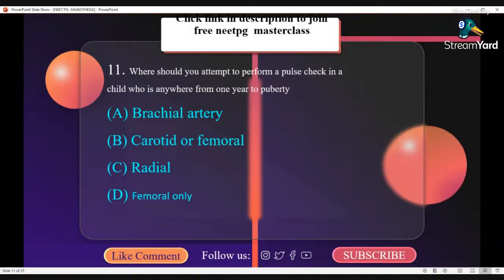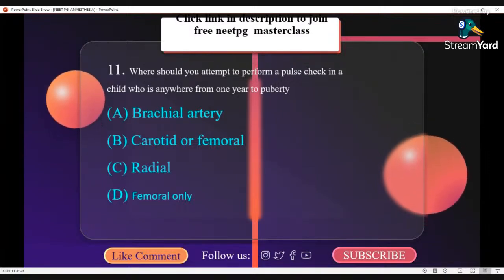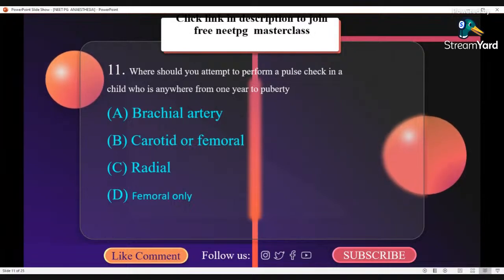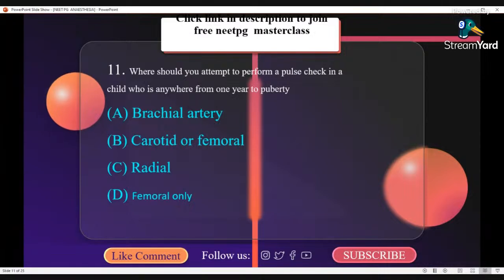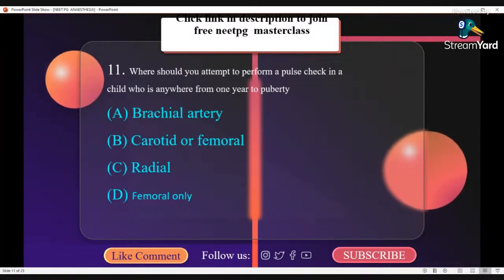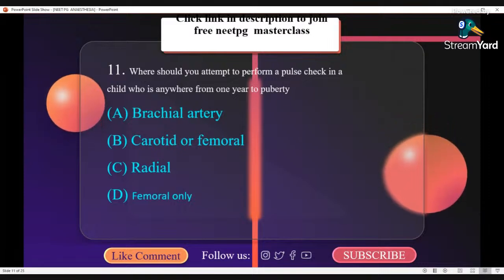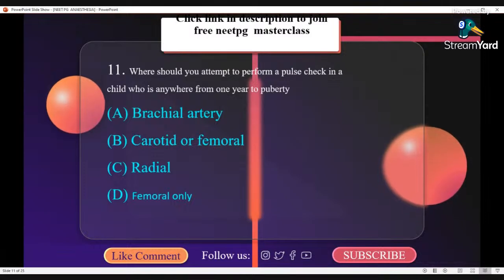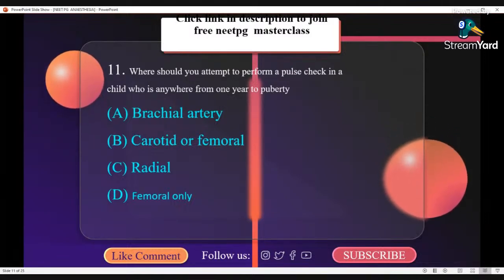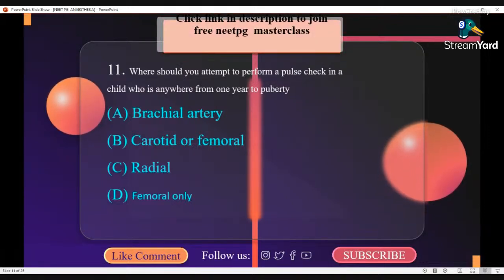Whereas from 1 year to puberty, carotid or femoral. So the correct option here is B. Carotid or femoral.